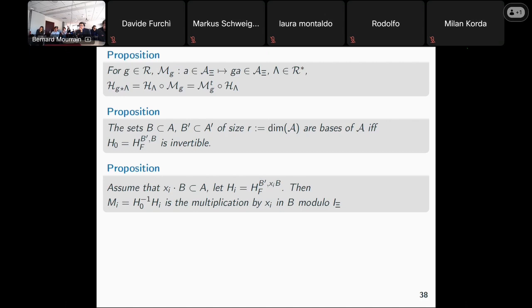So we have the property that Mi, which is the inverse of H0 times Hi, so this would be like multiplying by this inverse here, we get, in fact, the multiplication by xi in the basis B of the quotient modulo the points.